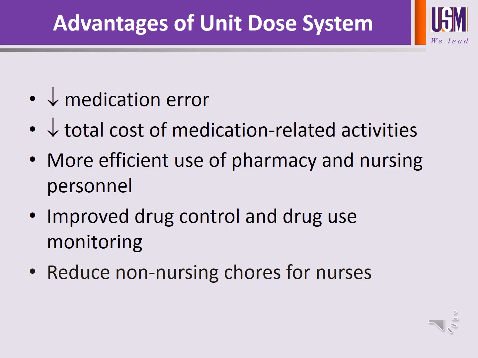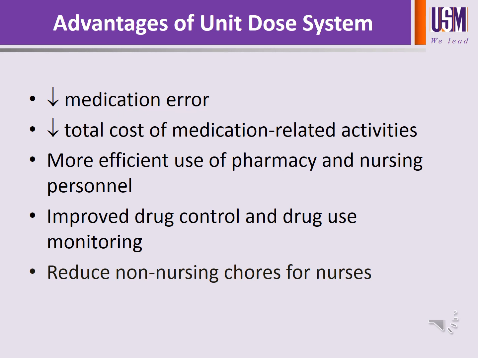Now that you all know the definition of the unidose system, the characteristics of the unidose system, what drugs can be given using this system and what drugs cannot be given in the unidose system, I'm going to tell you the advantages of this unidose system as compared to the system that I told you about earlier. First of all, there is a reduction of medication error by using a unidose system.